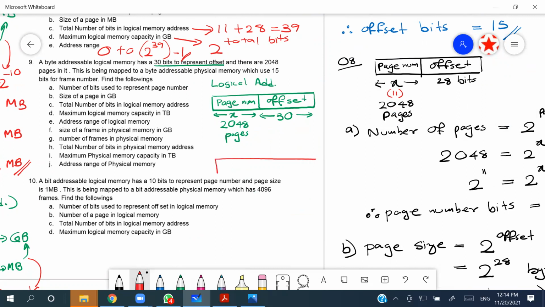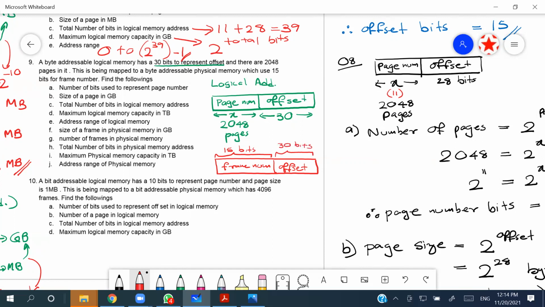So if this is the physical address, frame number will be there, offset will be there. The question says 15 bits are there for the frame number. And the hidden information is that this offset contains 30 bits.